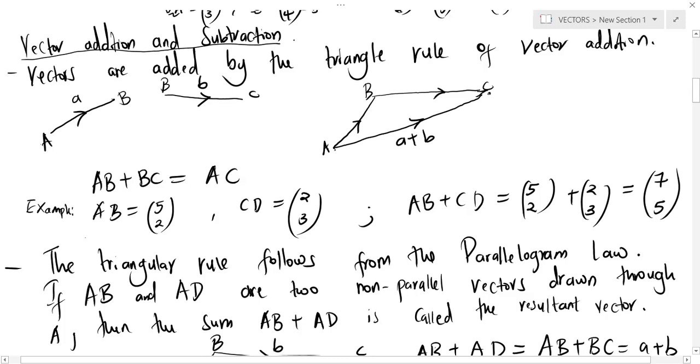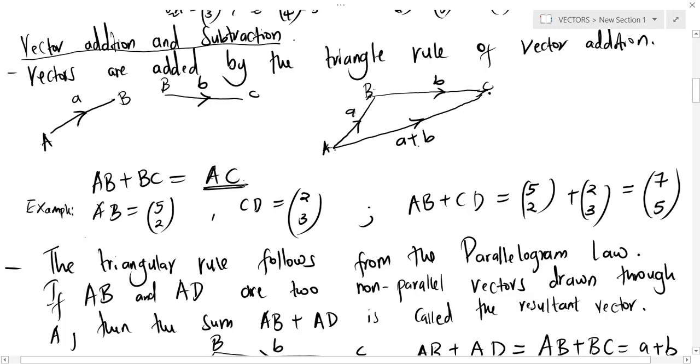Vector AC is basically given by AB plus BC, as you can see here. And if AB is a and BC is b, then basically we have our vector AC being equal to a plus b.